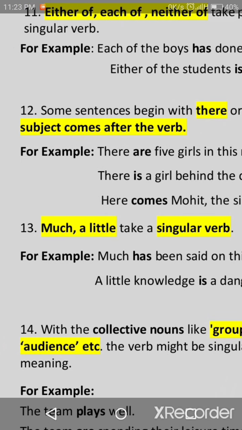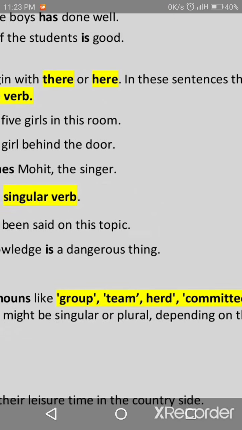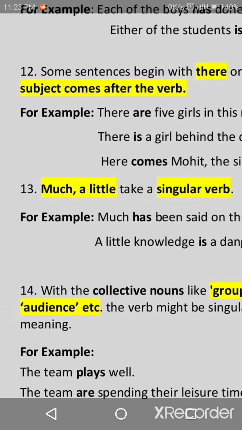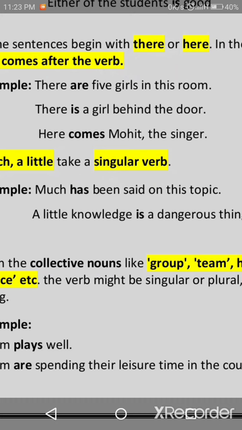Now coming to rule number 12. Some sentences begin with here or there. In these sentences, the subject comes after the verb. So, children, you have to be very, very careful. See what the subject is, whether it is singular or plural.